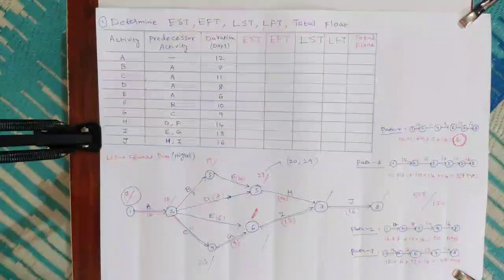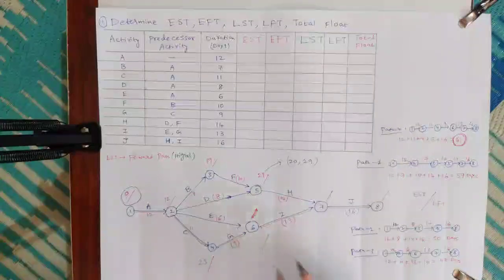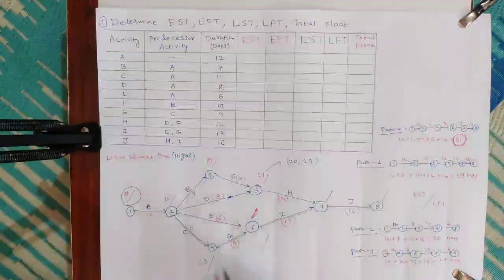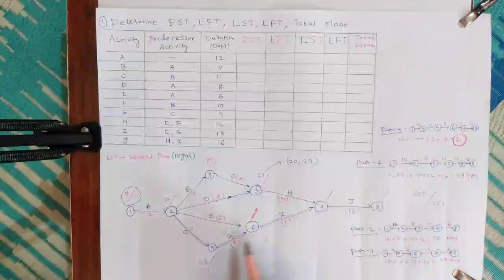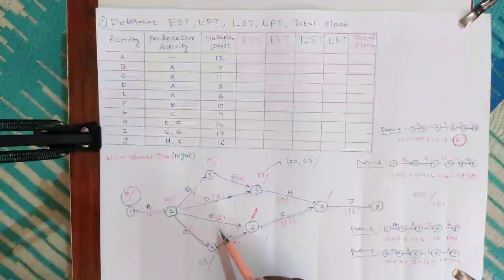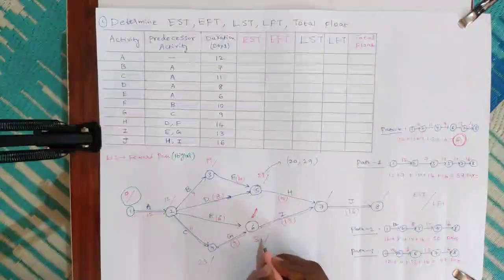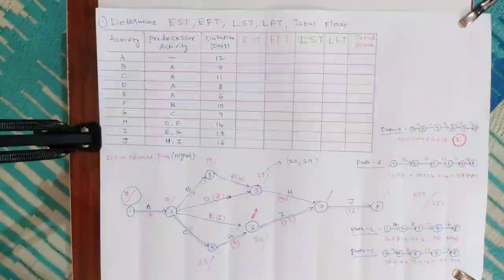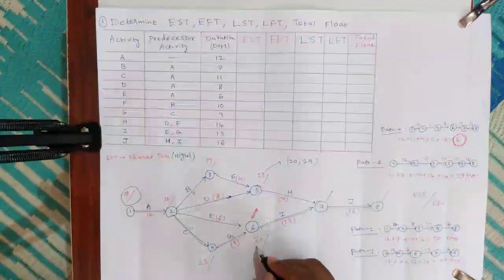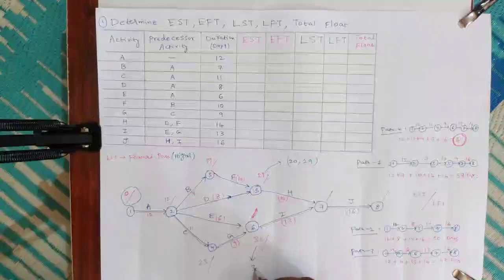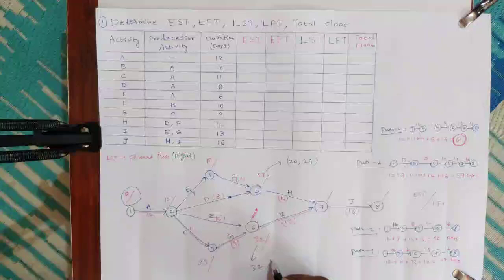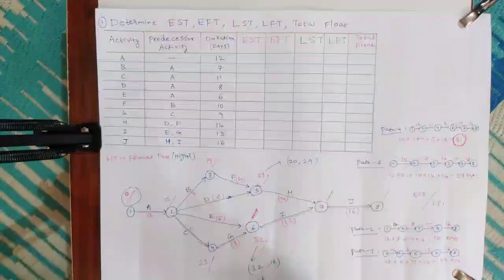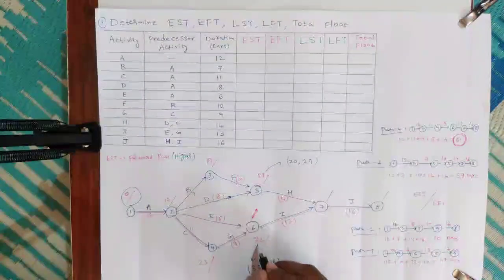And here also, 23 plus 9 is 32, and here 12 plus 6 is 18. Here I am writing 32. Why? Because here also we will have two values, 23 plus 9, 32, and 12 plus 6, that is 18. In both, whichever is highest we are taking. Highest is 32, so we are taking 32.